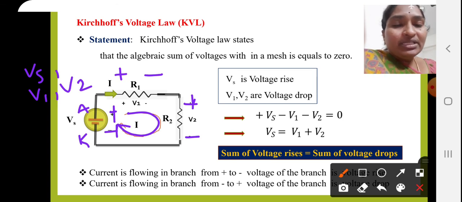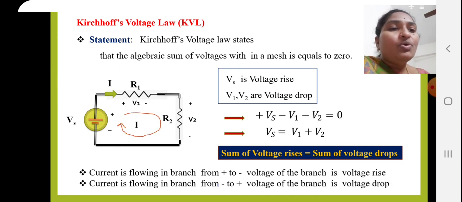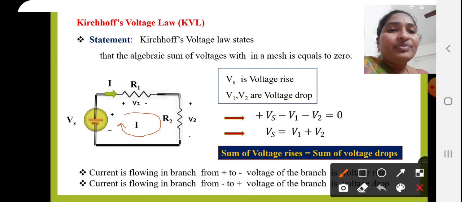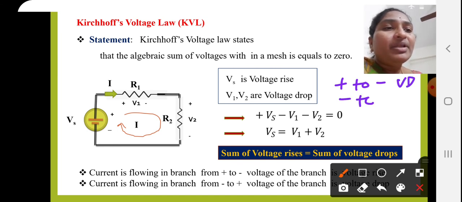After knowing the sign convention, if current is flowing from positive to negative, it is called a voltage drop. If current is flowing from negative to positive, it is said to be a voltage rise.